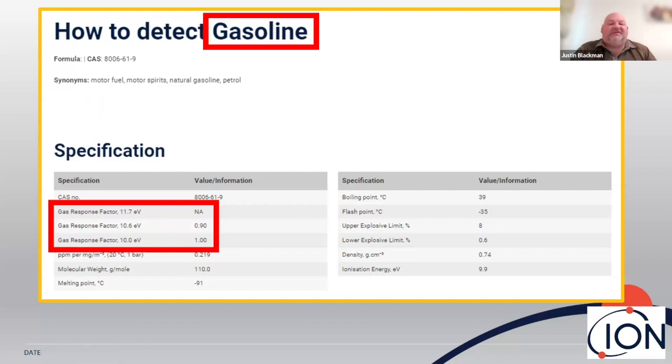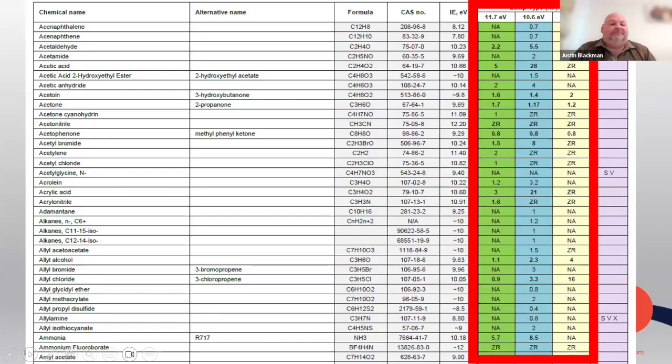And so that information is available. It's on our website. It's all over various download sites. And we can search for it online if we know the CAS number or if we know the gas name. And we actually have a very large downloadable chart and list, over 800 gases listed, and telling us what the response factor would be for each gas.